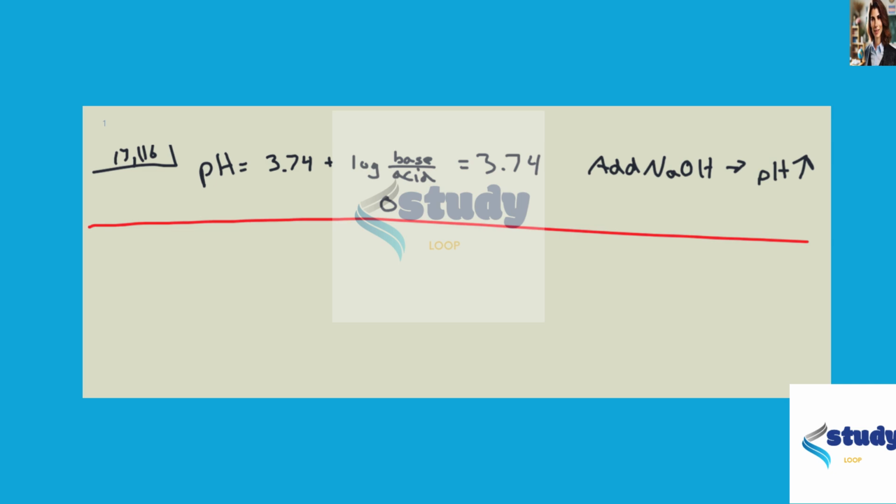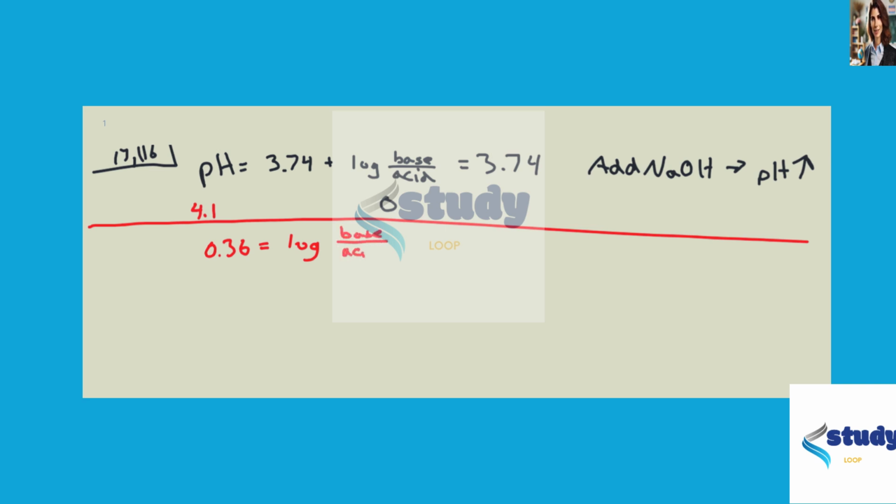The next part of this is to see how much we need to add. To raise the pH to 4.1, if we plug in 4.1 here, we get a value of 0.36 is equal to the log of base over acid.